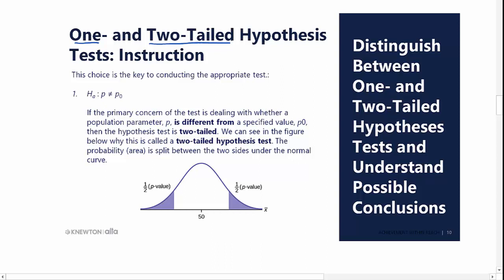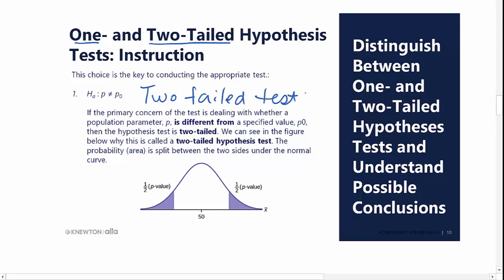In the picture here, let's suppose our HA was our parameter, that's what the P means, is not equal to some number. So P sub 0 just means some number. Well, that means this is called a two-tailed test.